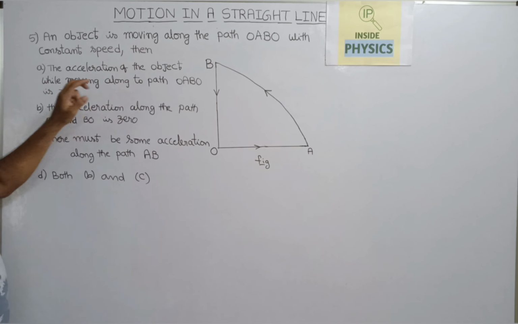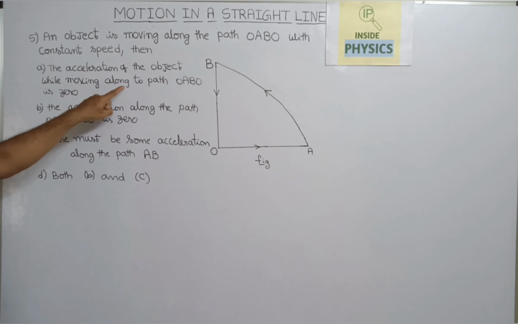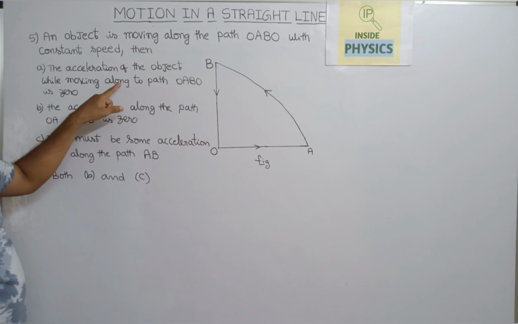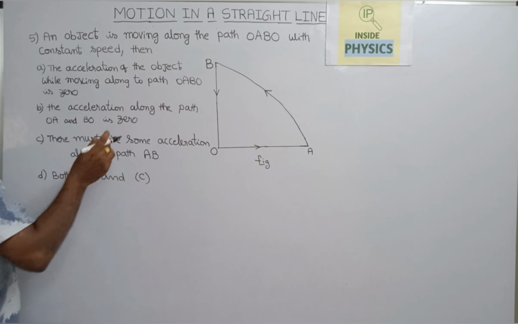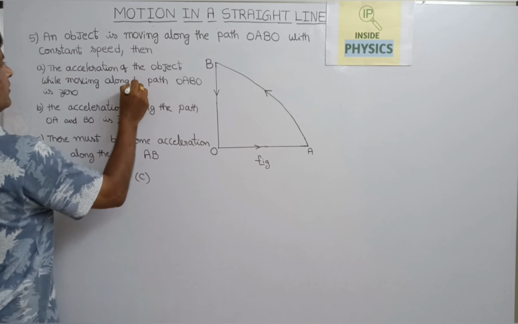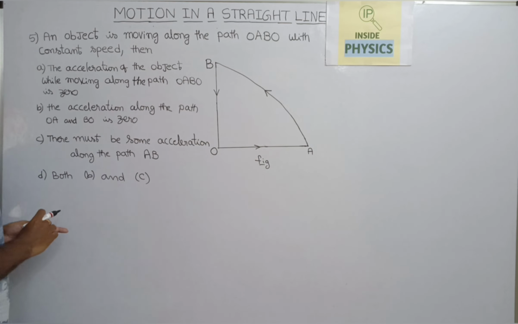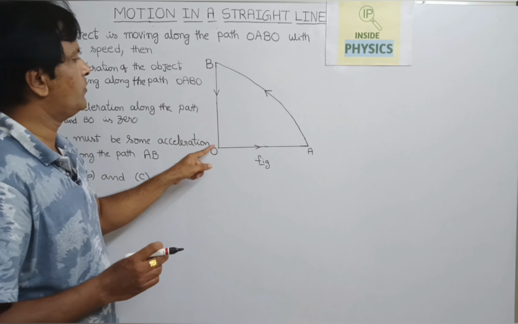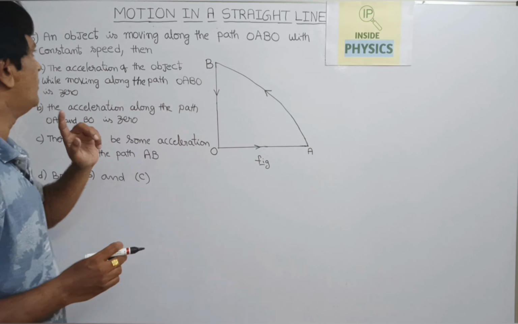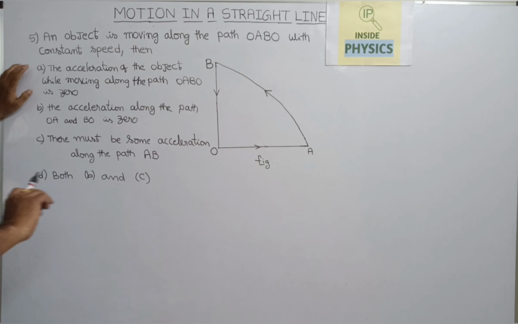The acceleration of the object while moving along the path OABO is 0. Here, for the entire path OABO, it is saying the acceleration of the object is 0.